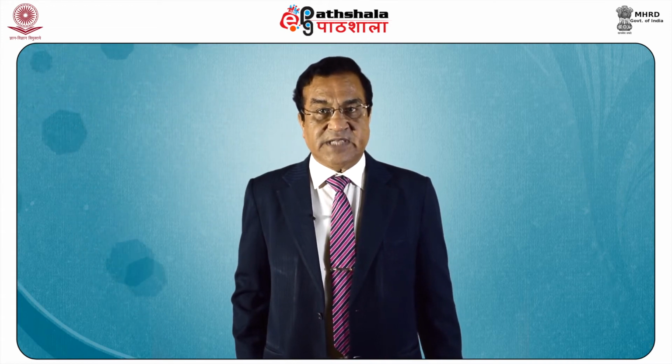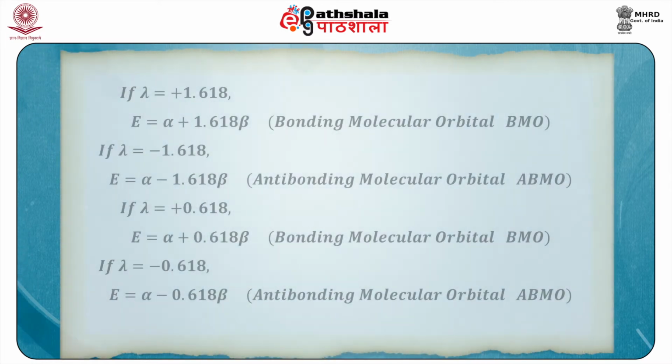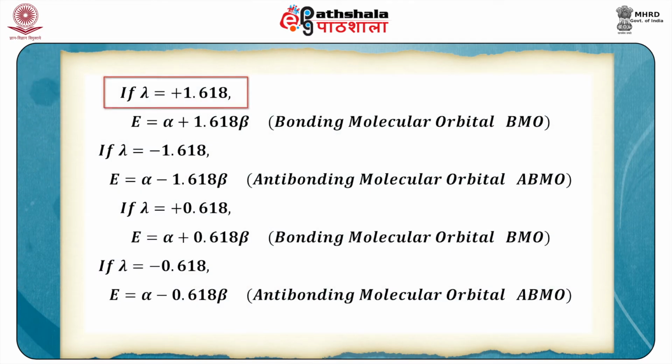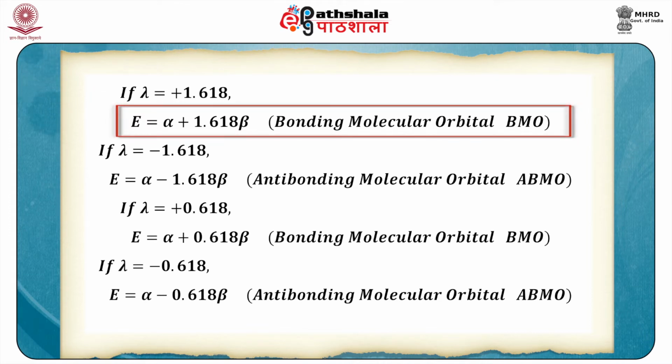And these energies are, if lambda is equal to plus 1.618, then the corresponding energy of the molecular orbital is alpha plus 1.618 beta. And since you have already learned that alpha and beta both are negative, therefore this value will be ultimately negative, and we call this the bonding molecular orbital, BMO.